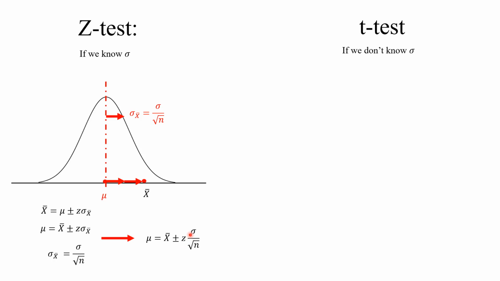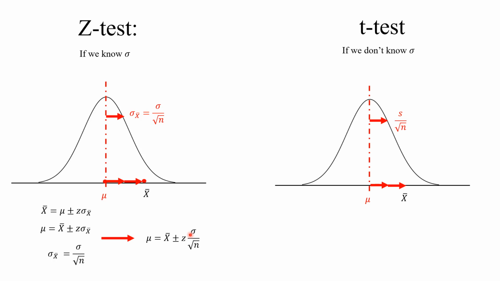We can use the t-test, or sometimes it's referred to as a student t-test. Everything is the same except we are using S, our sample standard deviation. So we have access to our sample, we know X bar, the mean, and also we know S. So we can find the population mean based on the t-value and our sample standard deviation.